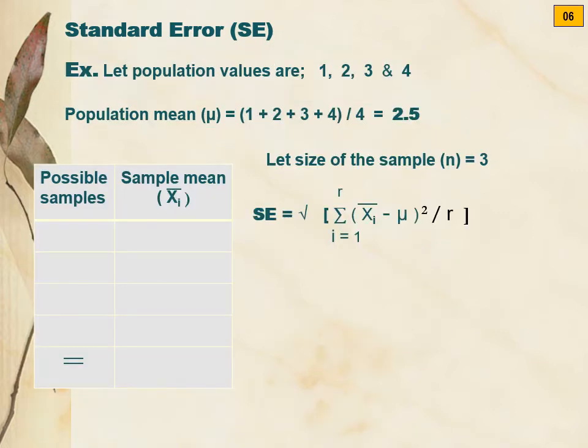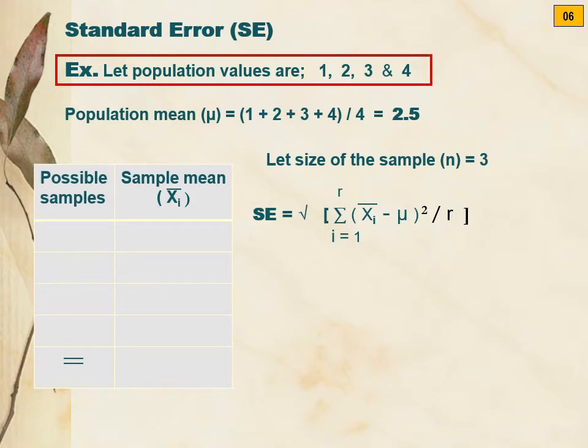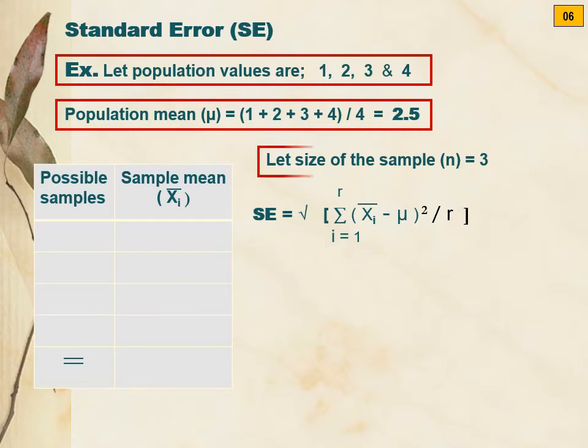Slide number 6. We are going to repeat the example which we discussed in the last slide, but here we are going to take a sample of size 3. The same example, population is 1, 2, 3, 4, mean is 2.5, you know, and here we are going to draw samples of size 3.